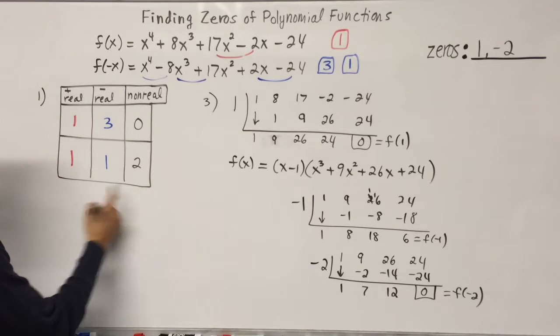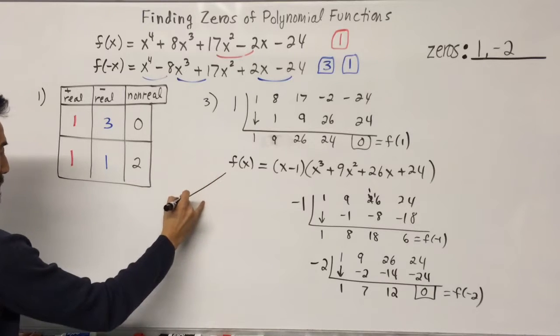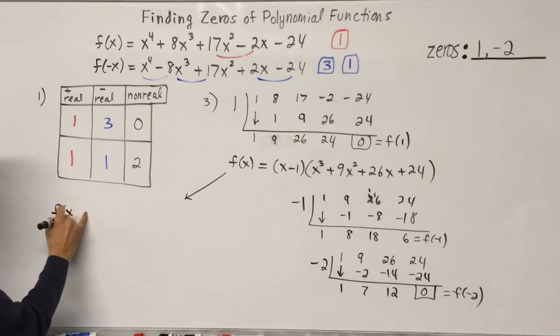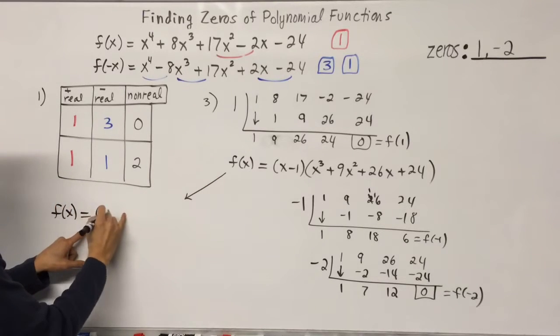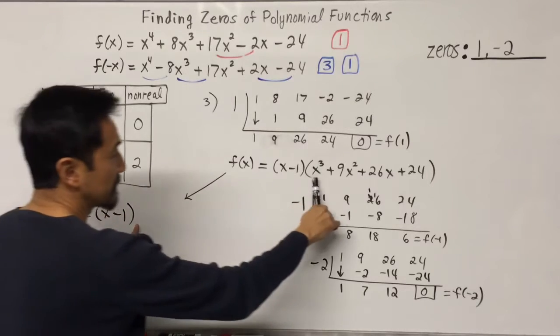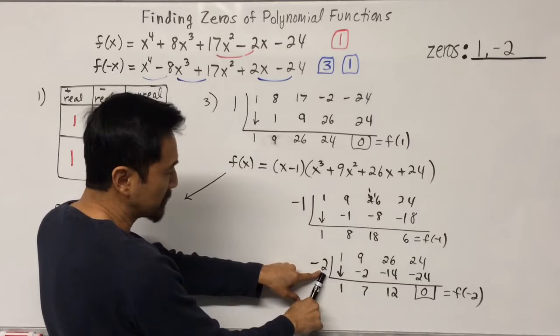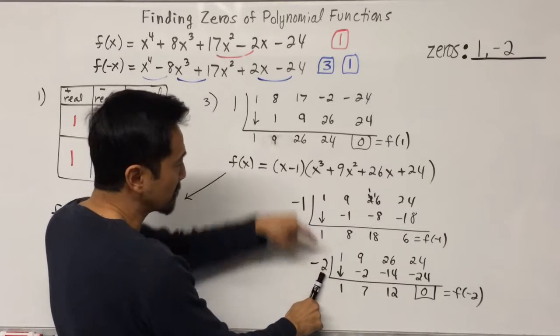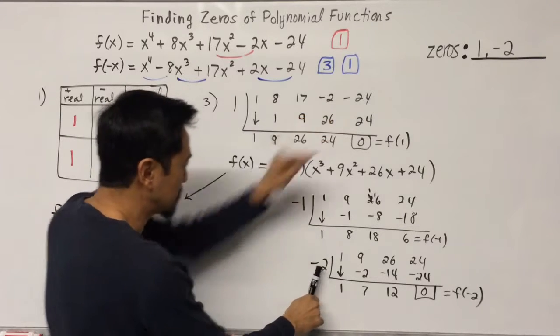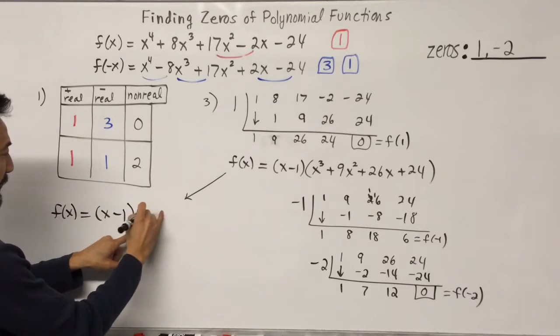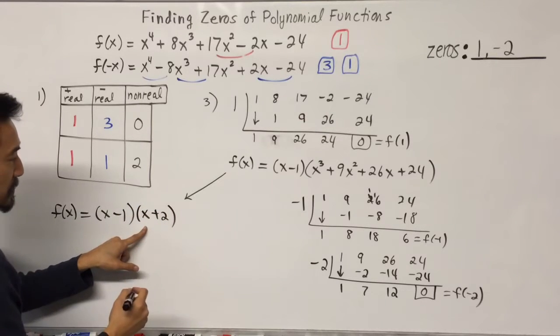We know that f of x had already been factored into x minus 1 and then this third degree polynomial. But now we just found the -2, which is a 0 of that third degree polynomial. So that means that I know that I have a factor, which is x plus 2.